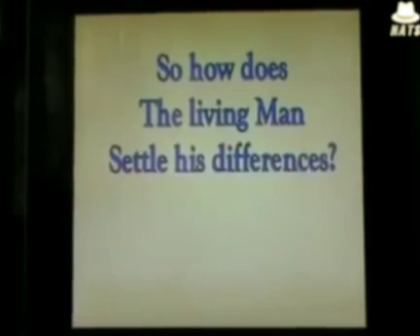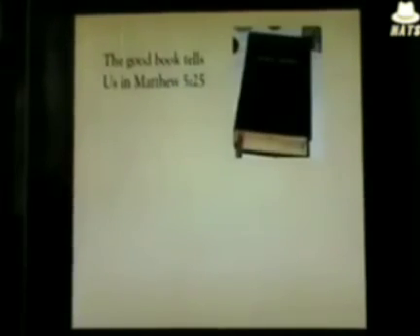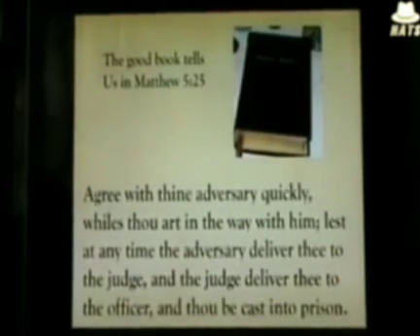So how does the living man settle his differences? The good book tells us in Matthew 5:25, agree with thine adversary quickly, whilst thou art in the way with him, lest at any time the adversary deliver thee to the judge, and the judge deliver thee to the officer, and thou be cast into prison.